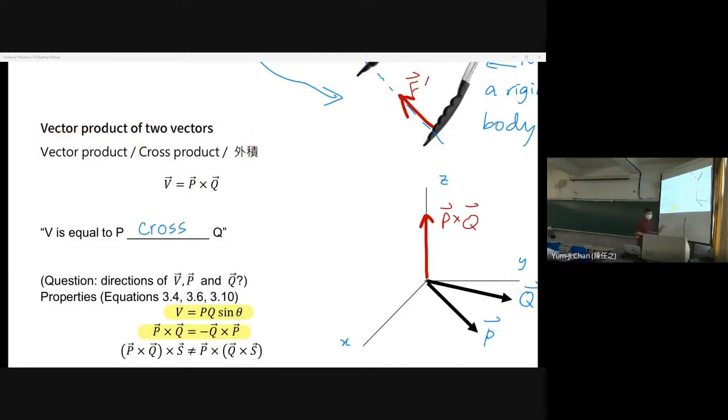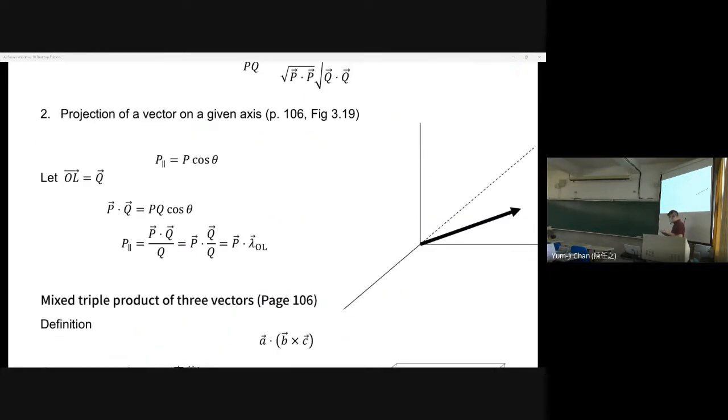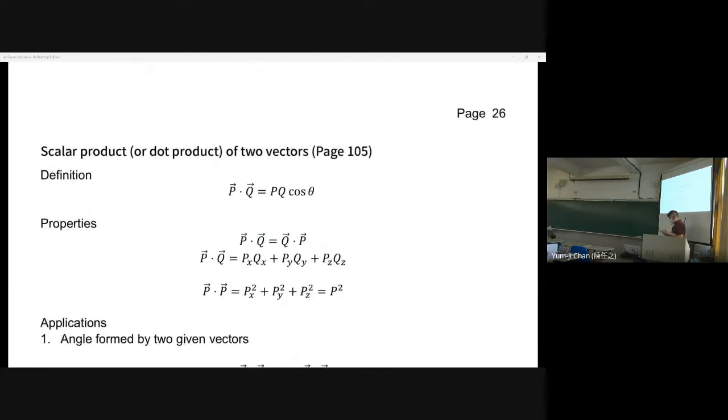Now, for two vectors, of course we have vector product or cross product, but we have another product called scalar product or dot product. In English we say P dot Q, okay?